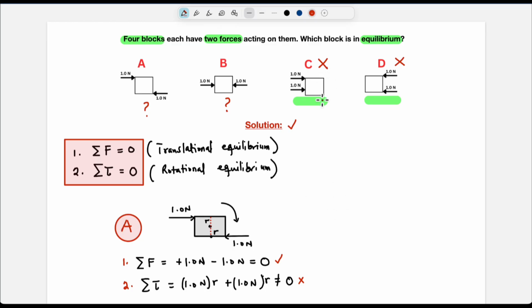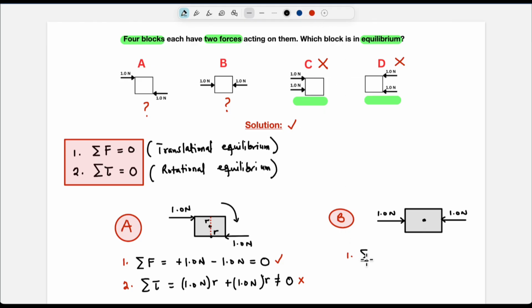Now let's look at block B. For block B, we have the two forces acting directly opposite to each other. So one force, which is 1.0 newtons, acting from left to right at the same level. From right to left, we have another 1.0 newton force acting on this block. The center would be here. Now let's test the first condition.